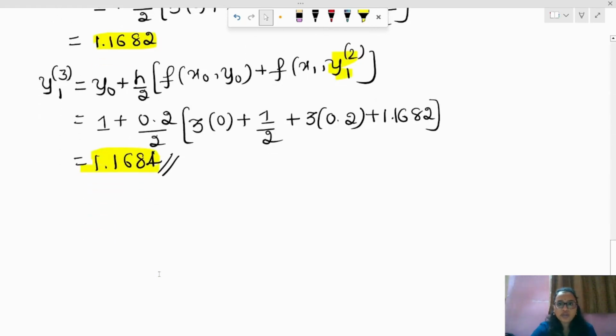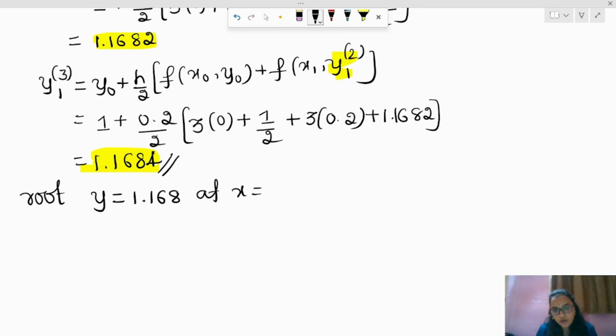Thus the required root, the value of y, is 1.168 at x equals 0.2.